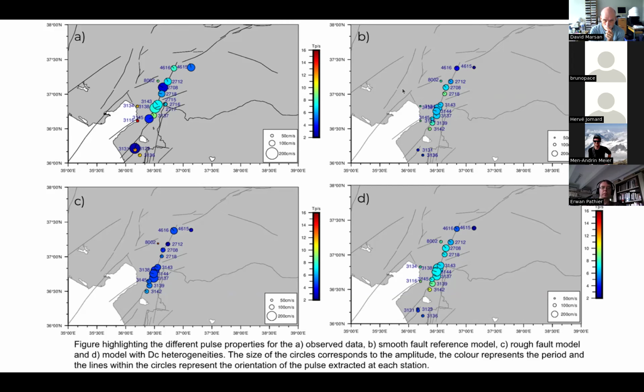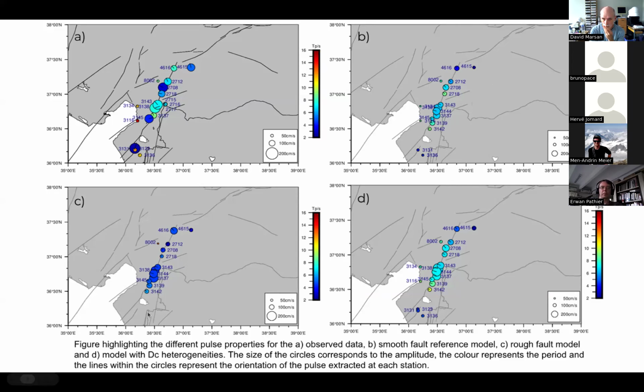On comparison between the observational data and the smooth model, we can see that there is some variation when it comes to the period, but the size of the pulse and the orientation of the pulse is still not quite there.